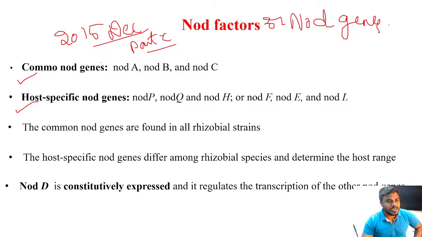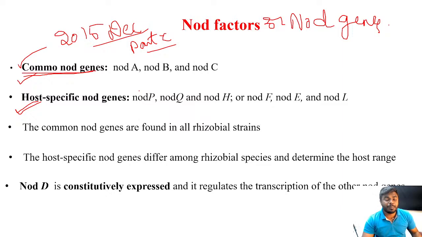If you ask me, sir, what is the difference between the common nod gene and the host specific one? The name itself is indicating, friends, common nod genes are present in every single bacteria. Every bacteria contains the common nod gene, no doubt about it. Host specific nod genes, once again the name itself very clearly indicates, are present very specifically in a particular species only.